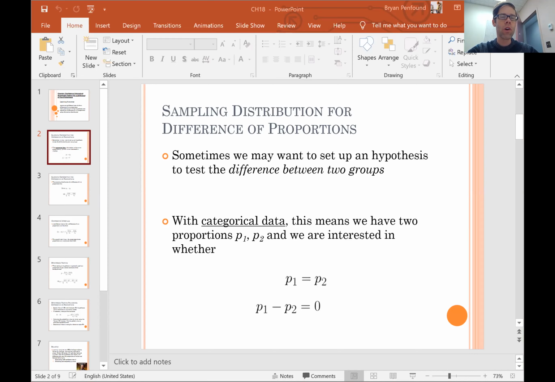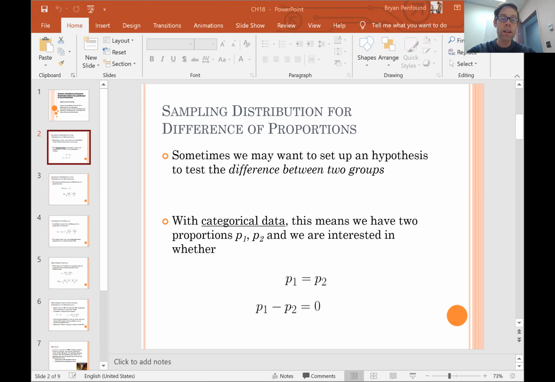And so the null hypothesis that we roll with in this case is that there is no difference between these 2 subgroups. So we assume that the proportion inside of subgroup 1 is equal to the proportion inside of subgroup 2, so that those 2 percentages come out to be the same.